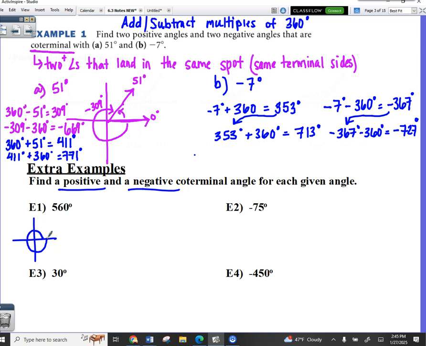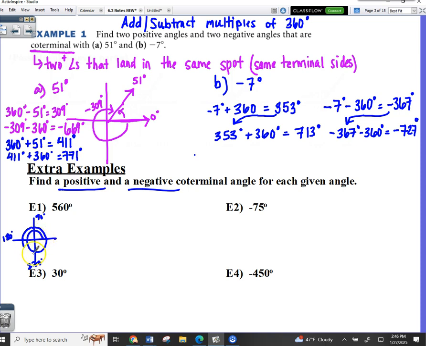What's the gap between them? 200. Okay, so if I keep going, let's break it up. This is 90, correct? This is 180.